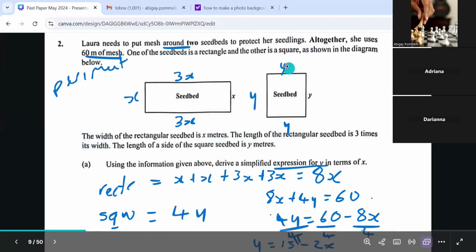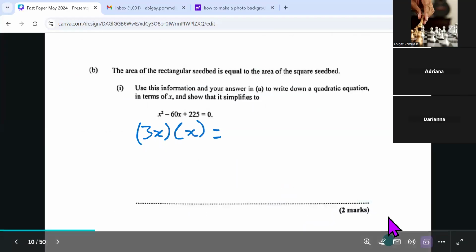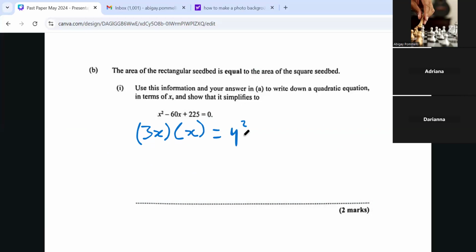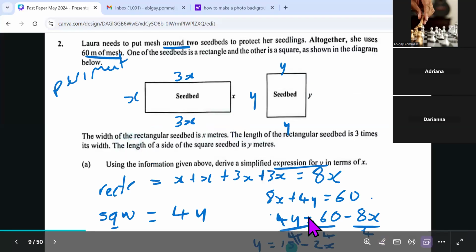The area of the square formula states y squared, right? So 3x times x is 3x squared, and then y, based on what we did over here, y was 15 minus 2x.